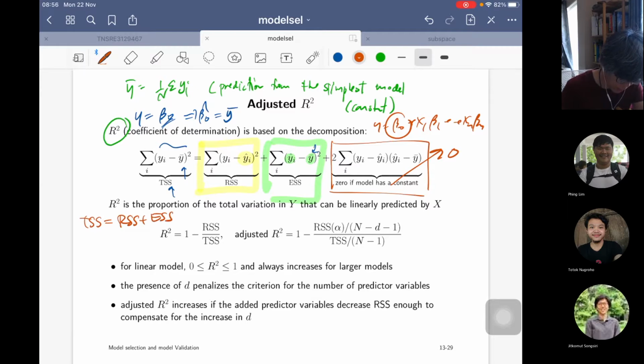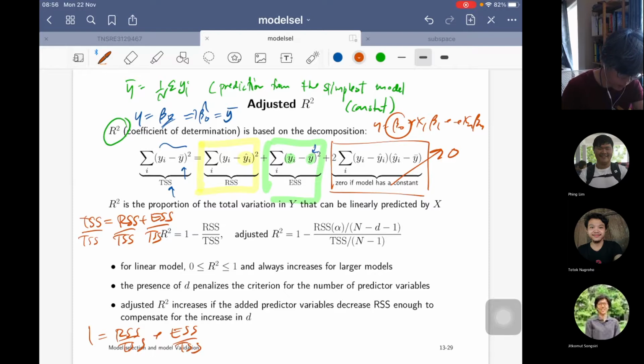And R square is defined as follows. If you divide the whole thing by TSS, you get 1 equals RSS over TSS plus ESS over TSS.